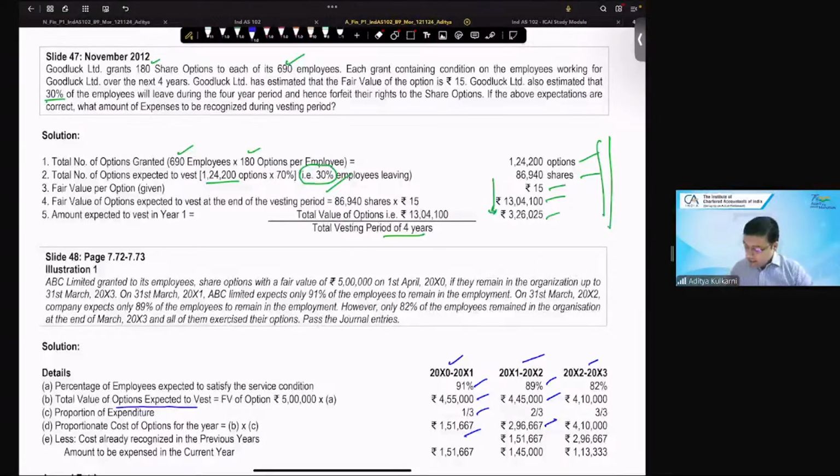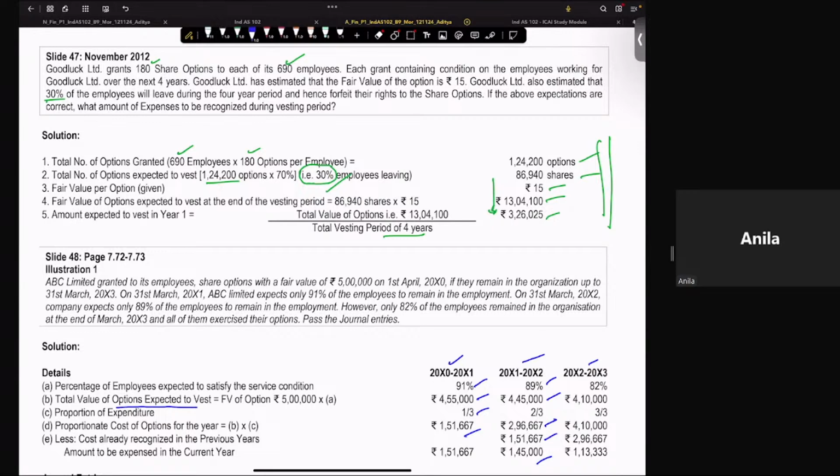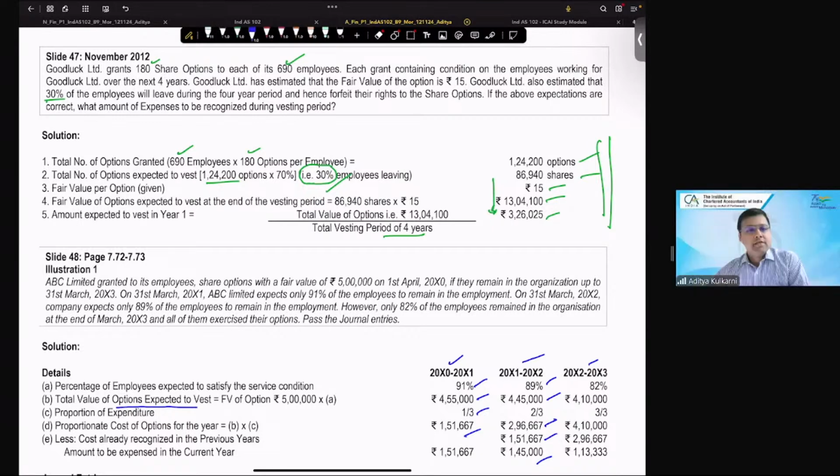But out of that, you have already recognized 1,51,667. So you will book an expense of 1,45,000. Are we okay with this? Anila, Pooja, Monica, all clear? Mamta? Yes, sir. Okay. So that's fine.